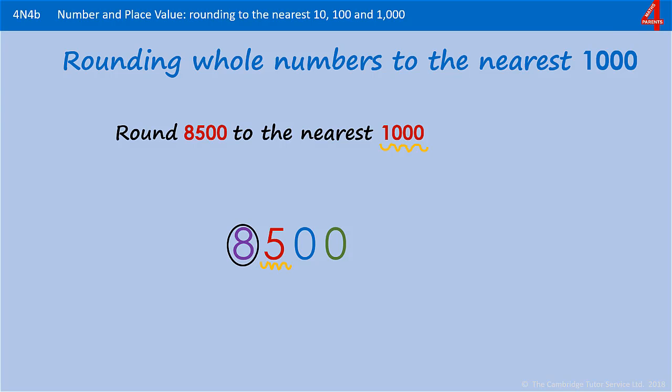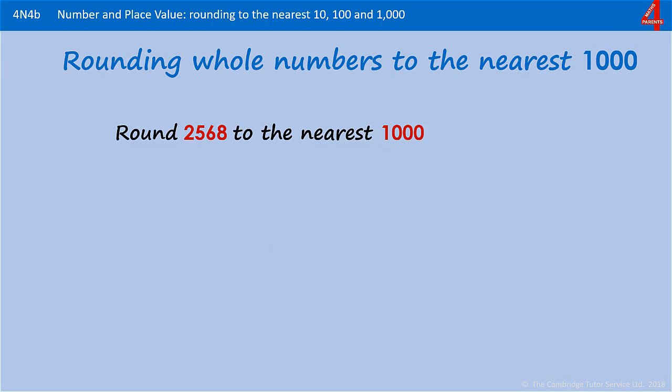Remember the rule that if beside the number that you're rounding you have 5 or more, you round it up. So when that 5 hundreds becomes a 0, so that we get 3 zeros on the end of a multiple of 1,000, that 8,000 is going to be rounded up to 9,000. So 8,500 rounded to the nearest thousand is 9,000.